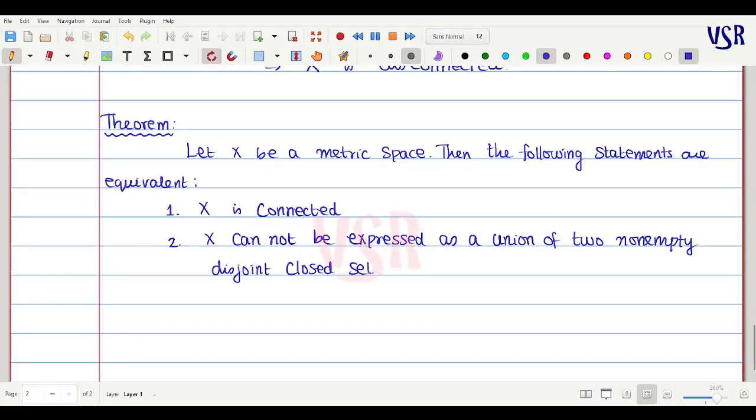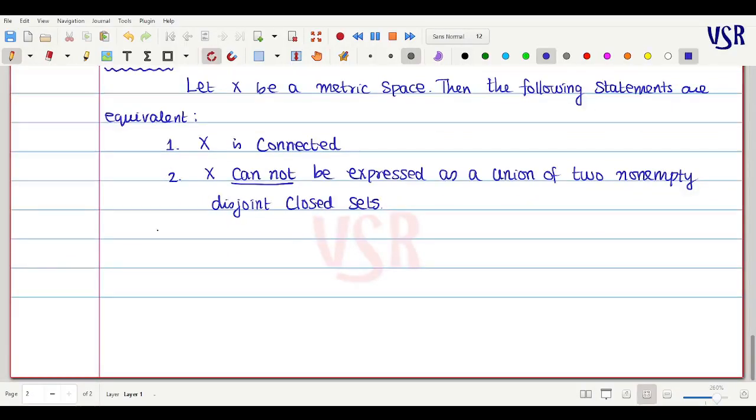Above, connected meant open sets; here I am saying X cannot be written as a union of two non-empty disjoint closed sets.